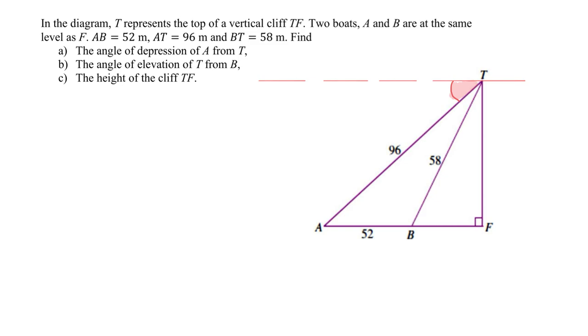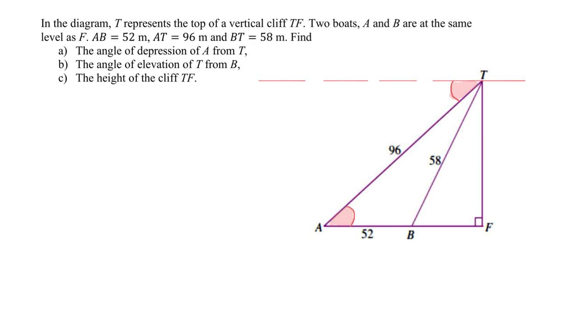And if we take a look, this angle of depression, by alternate angle, has the same value as angle BAT. And we can find BAT easily because we are given three sides of triangle ABT.